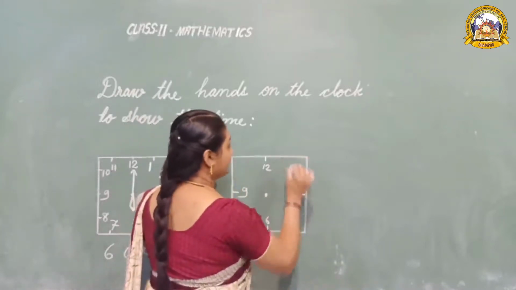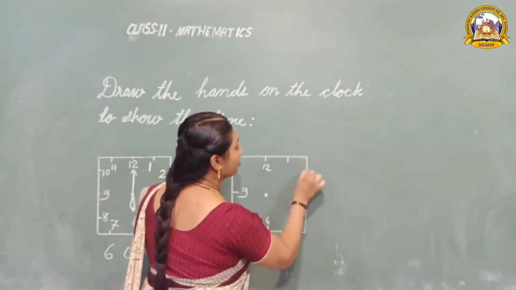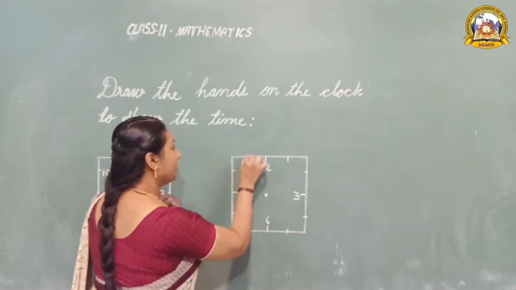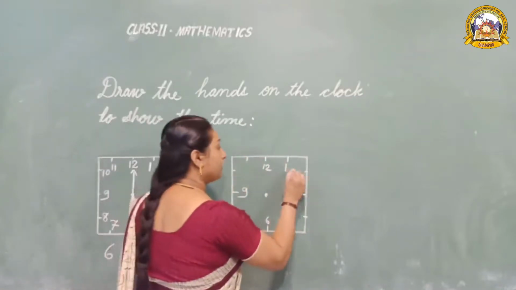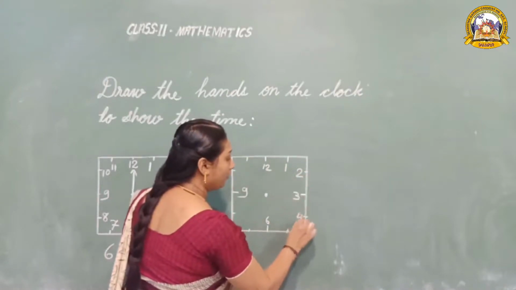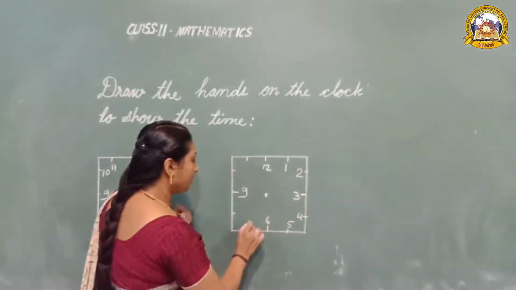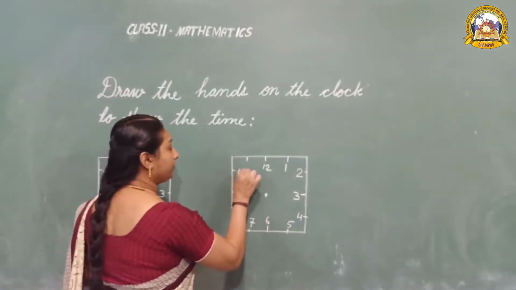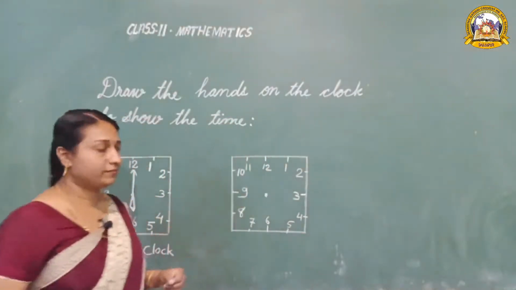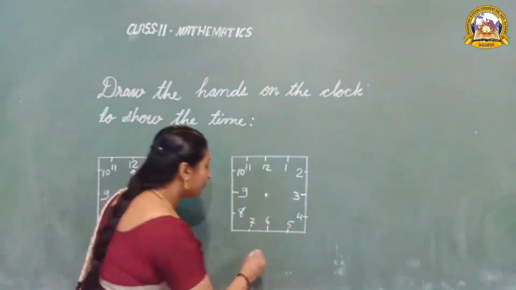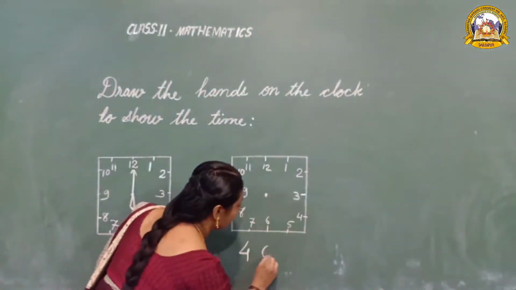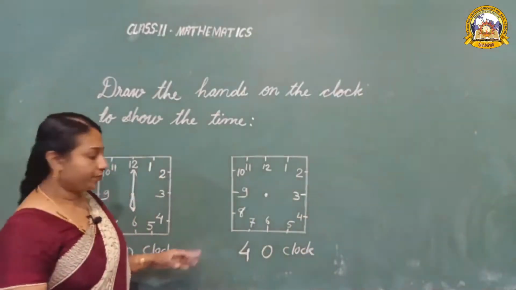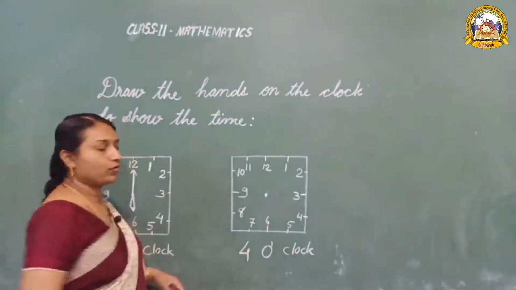Let us divide the 4 portions again. 1, 2, 1, 2, 1, 2, then again 1, 2. 1, 2, 3, 4, 5, 6, 7, 8, 9, 10, 11 and 12. Then the time, 4 o'clock. 4 o'clock.